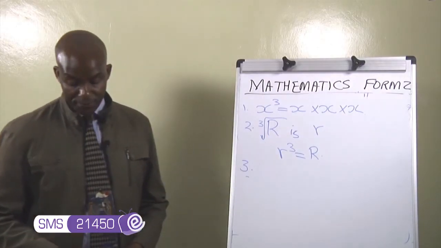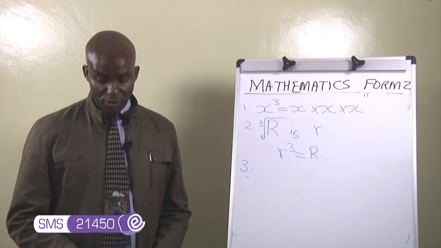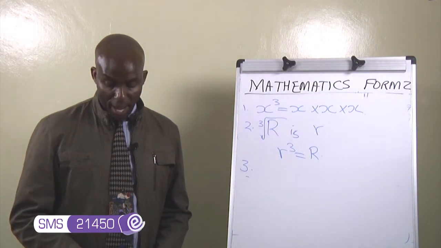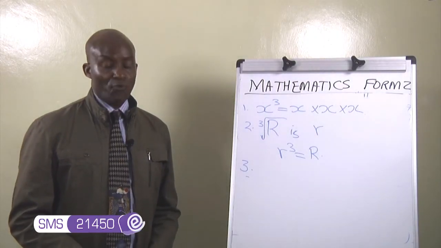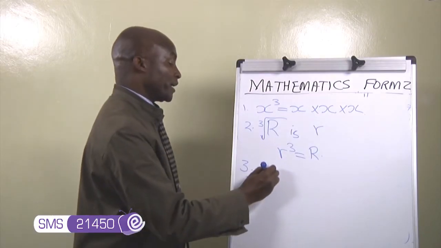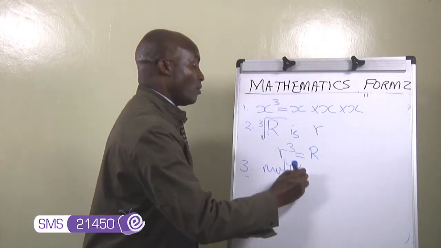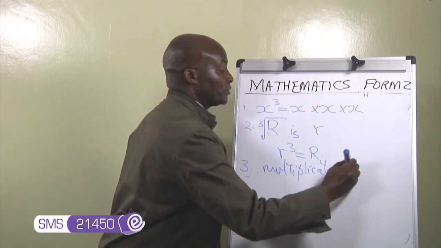Point number 3. Cubes can be found by multiplication or from tables. We can get cubes of numbers by multiplication or from tables.